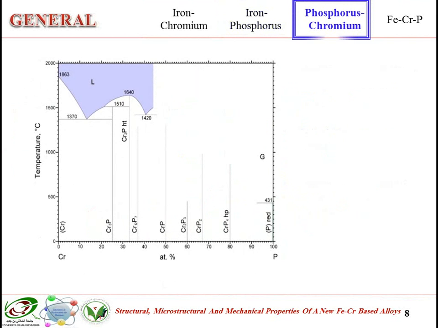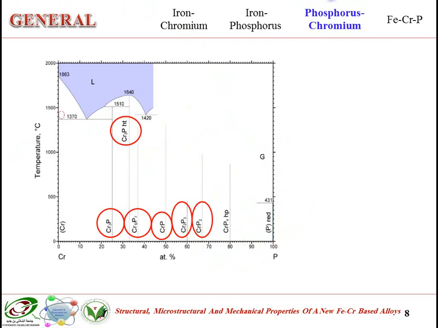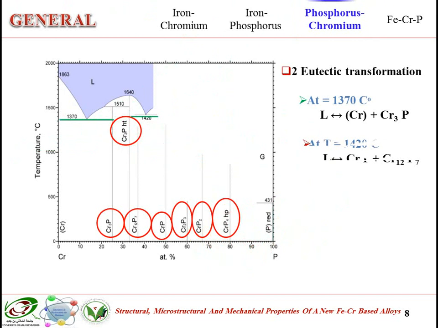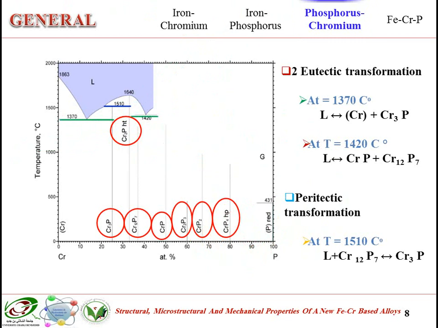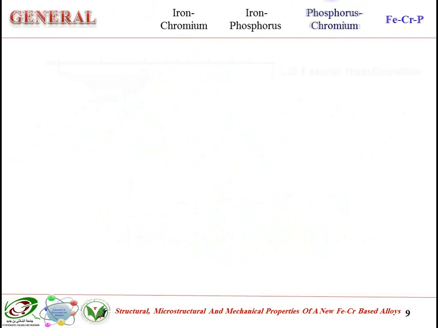The phosphorus chromium equilibrium diagram shows the possible existence of 7 intermediate phases, two eutectic transformations, and one peritectic transformation.